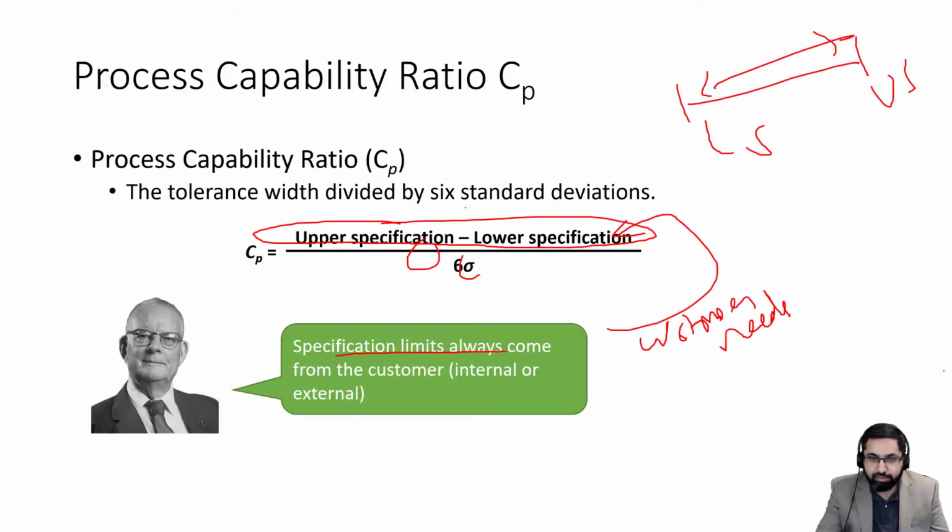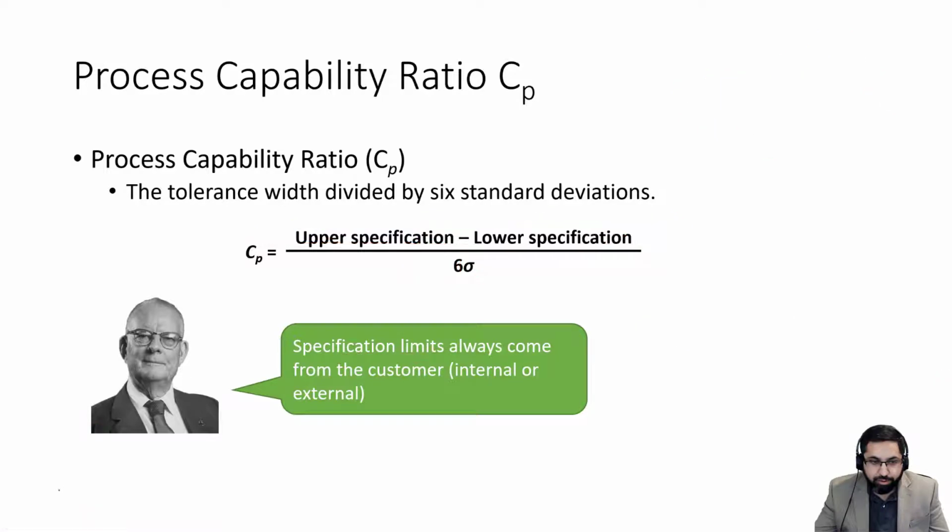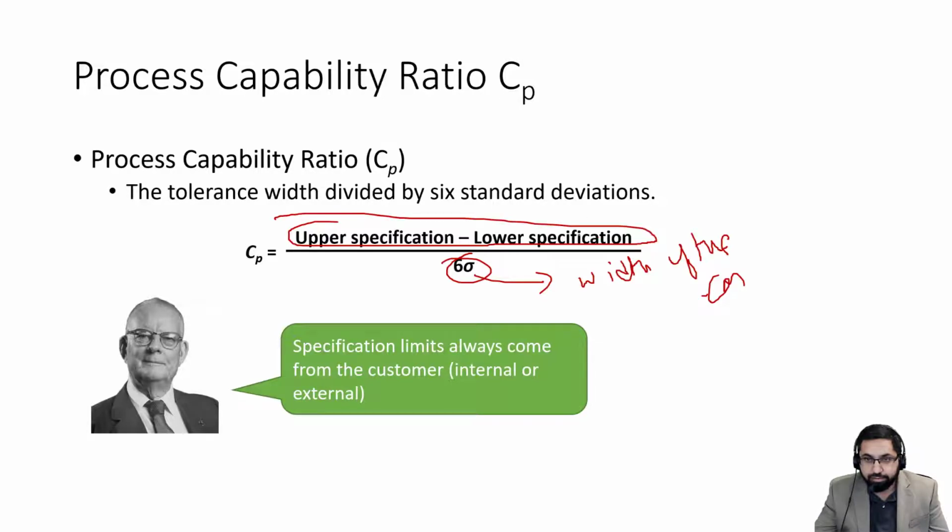So in CP, 6 sigma is like the width of the car, and upper spec minus lower spec is the width of the garage.